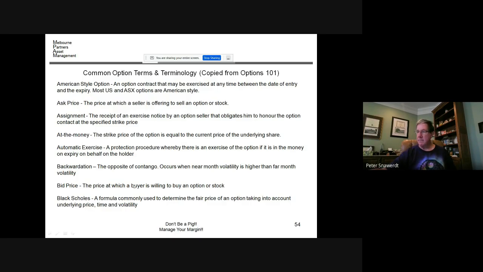Anybody want to give a crack at backwardation? Because next is contango. Backwardation is a futures terminology.